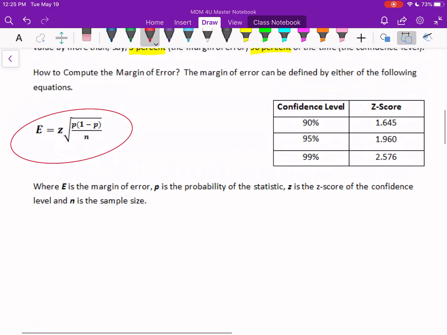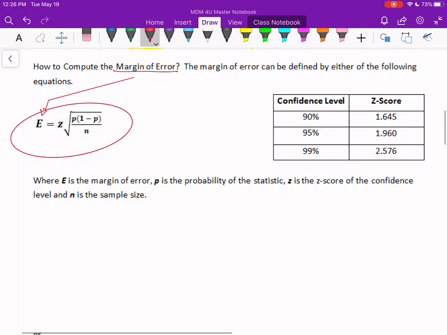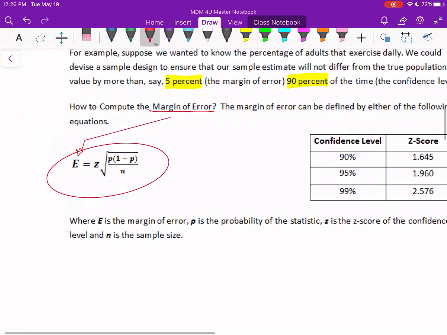E for margin of error is equal to z-score times the square root of p times (1 minus p), which is really just q if we're thinking in terms of values we've learned before, over n. And again, all the variables are just explained right underneath here, as you can see.